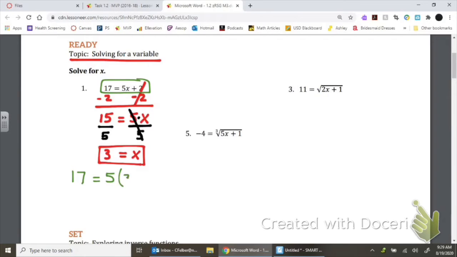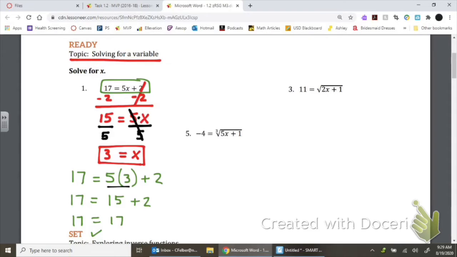Instead of an x, I'm going to substitute in a 3, and then simplify and see if I get 17. So 5 times 3, I'd have to do that part first. So 5 times 3 is 15 plus 2. And then to simplify even further, 15 plus 2 is 17. So the fact that I got 17 equals 17 means that I am correct.